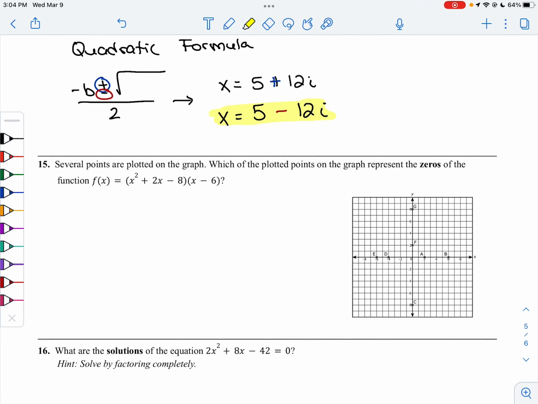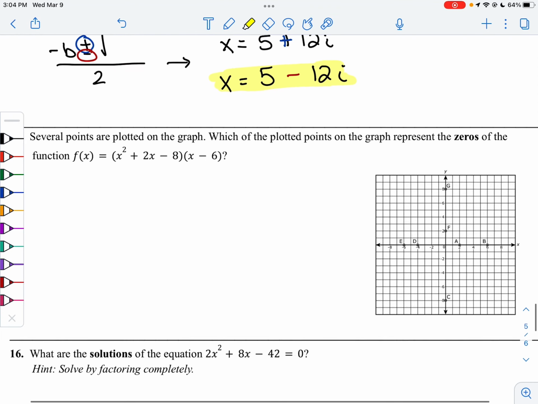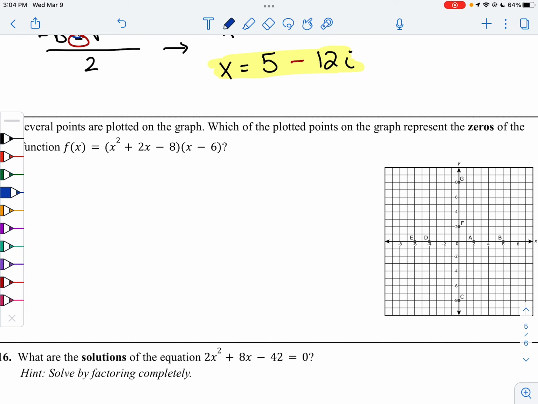Several points are plotted on the graph. Which one represents the zeros? Again, you could plug this into the graphing calculator and solve it, or looks like we have another box method problem, or diamond method. Negative 8 over 2. Factors of negative 8 that add to 2. That would be a positive 4 and a negative 2.